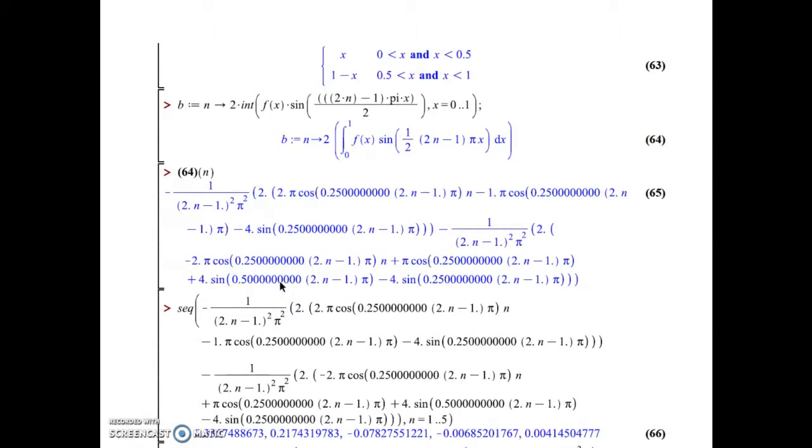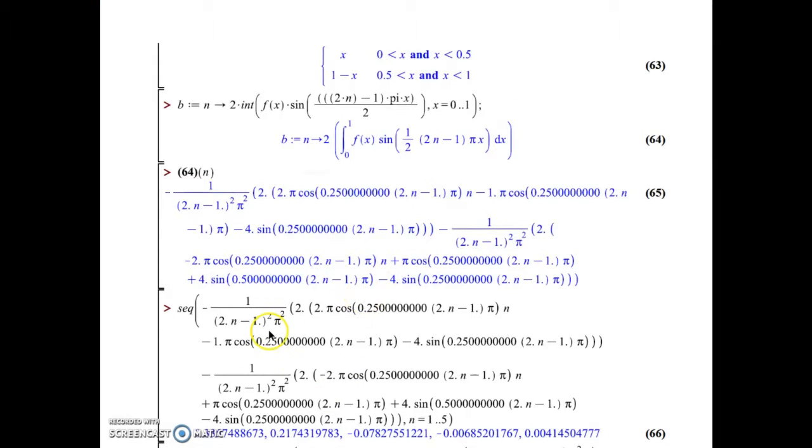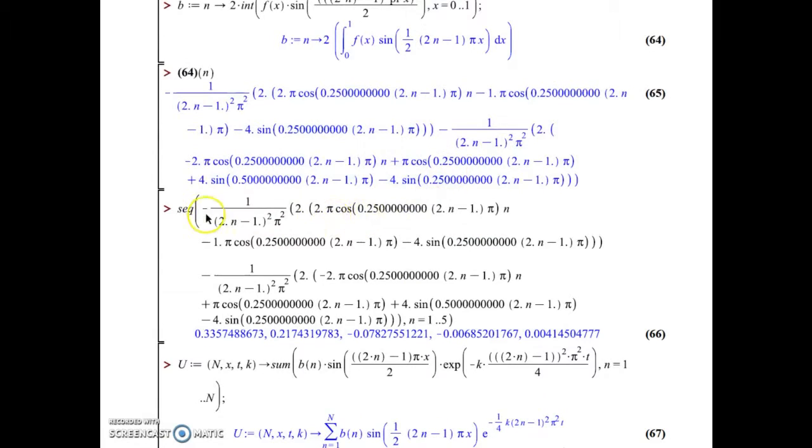So we have to repeat every single thing in part 1 to part 4. Part 1 is about evaluating the equation, which is this. Part 2 is about the sequence: the first one is this, then the second, third, fourth, and fifth.